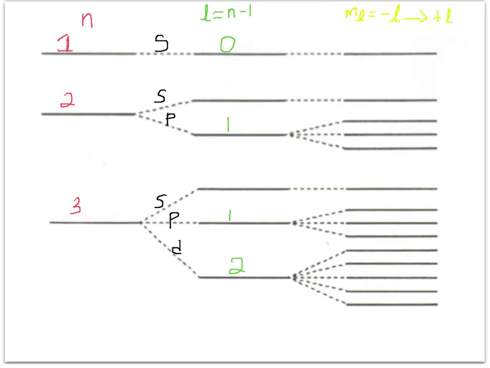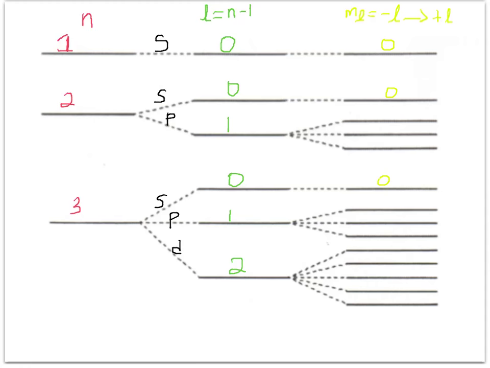So all our S's will be zeros, all our P's will be 1, and all our D's will be 2. So let's get to our magnetic quantum number. Remember, it ranges from negative L to positive L. So if we start filling these in now, all the S's will be zeros because negative 0 is still 0. So we fill in all the S's.